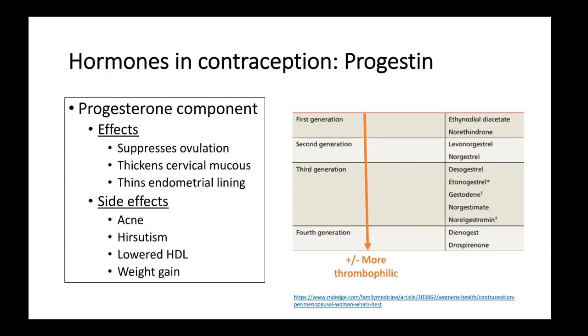It's thought that the 4th generation progestins are probably more thrombophilic. And then it's thought that the 1st generation progestins are probably more androgenic. So that plays into account, for example, if a patient is saying that they have acne and they want to start the pill, then you would probably stay away from choosing a first generation progestin method.